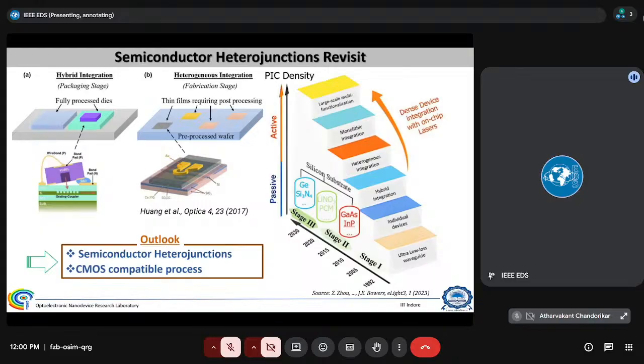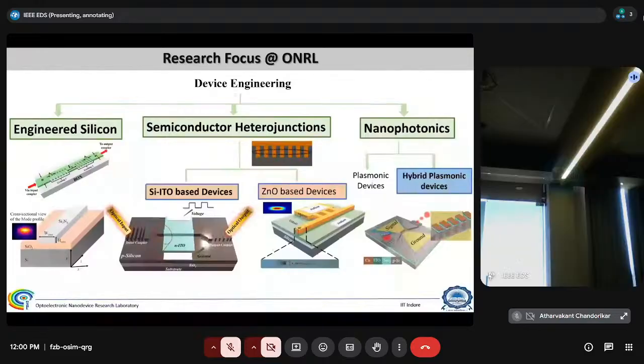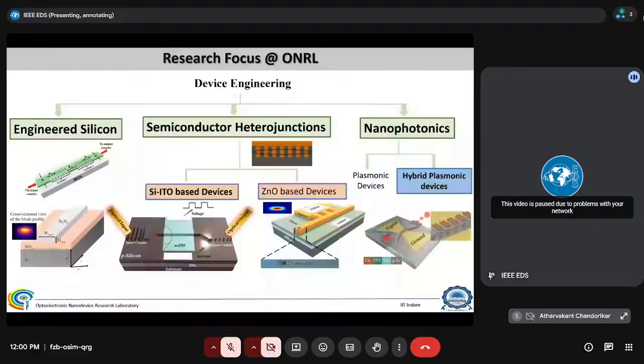So, fine. In our lab, we are focusing on three divisions. The one is engineered silicon, where we try to engineer the silicon and then realize some of the devices. There is no other semiconductor used in this division. We have made some passive devices out of this. And then we are into semiconductor heterojunctions, where we are taking silicon and ITO. We are utilizing ITO's epsilon near zero with silicon, so that we can make some optical modulators or photodetectors for telecom application and for sensors.